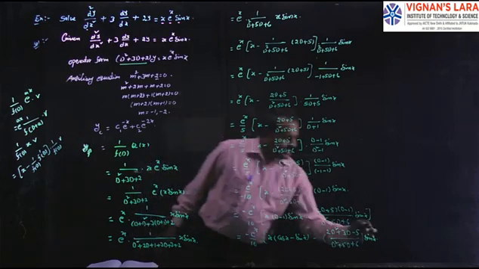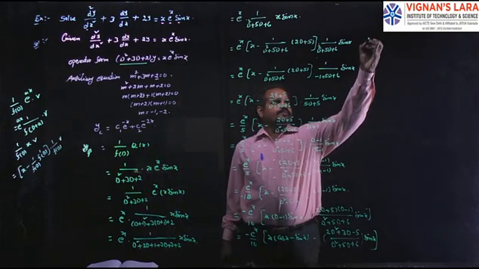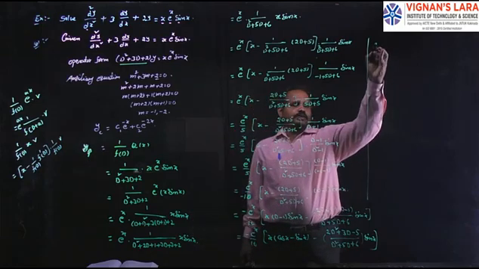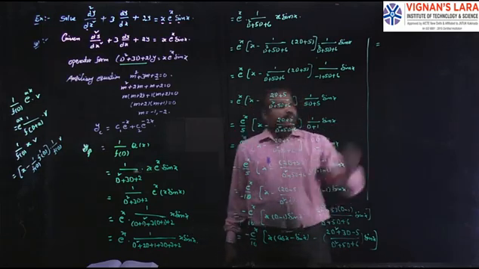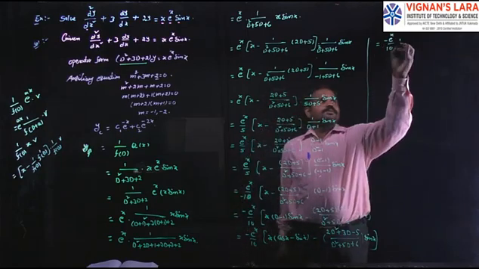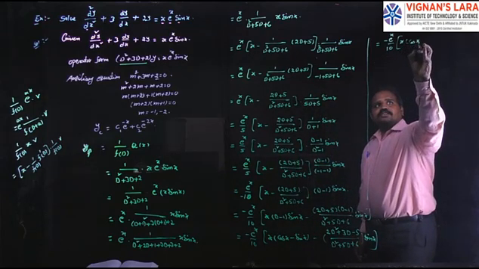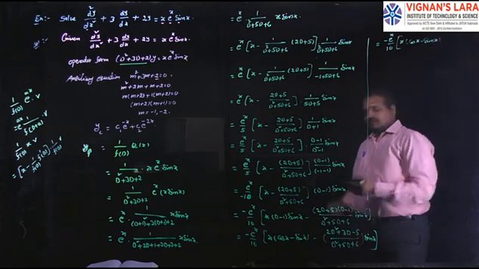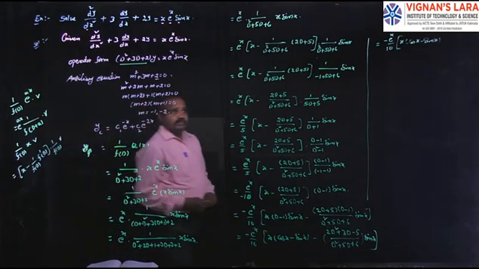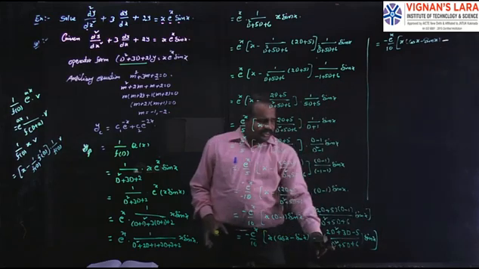Now I will simplify this one. I will get the answer, which is equal to minus e power x by 10 into x into cos x minus sin x, minus, replace D square as minus 1.